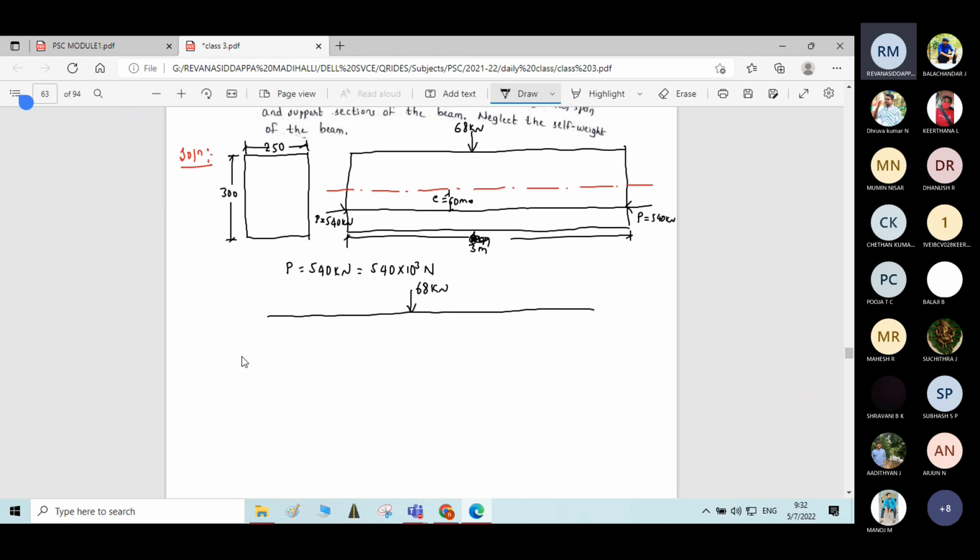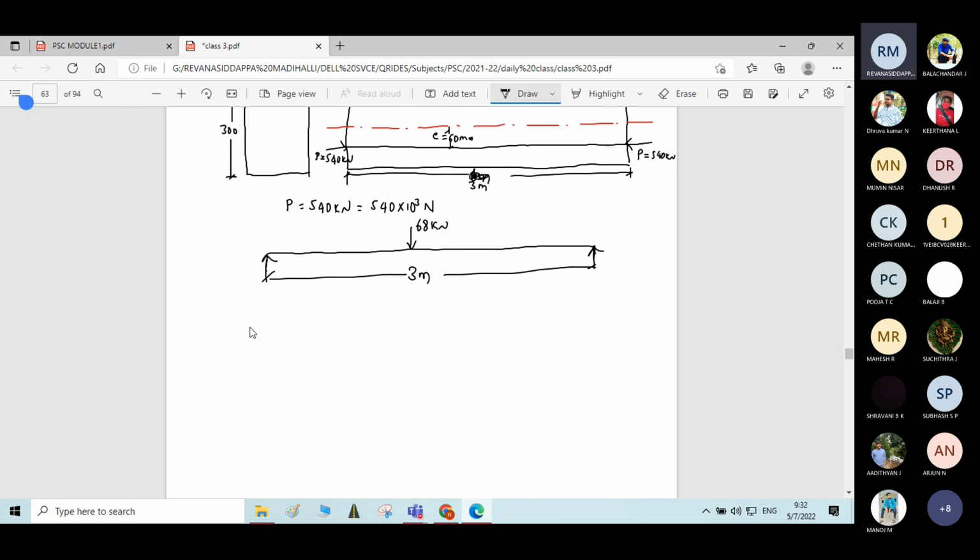So 68 kilonewton. First, we calculate the reactions at the support. The total length is 3 meter. What is the formula here?